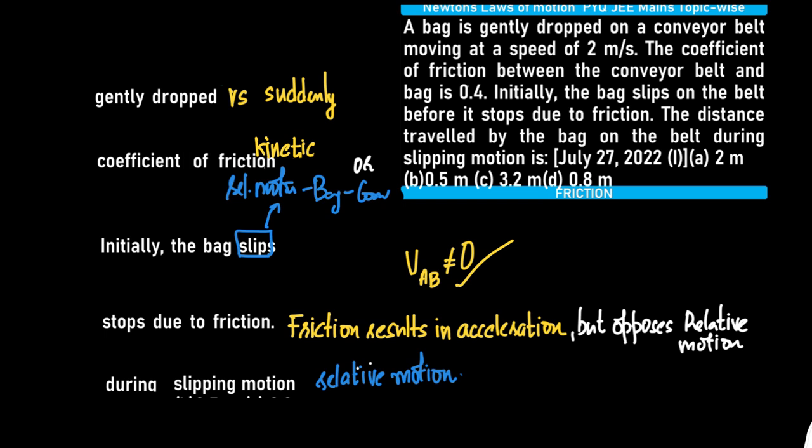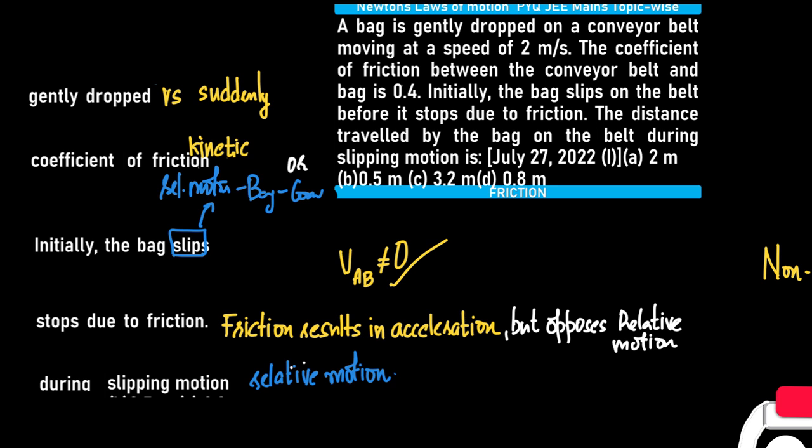Listen to the solution once, then try to figure it out on your own, and if you come across any doubt, come back again. Let me now take you to the difference between accelerating and non-accelerating frames.